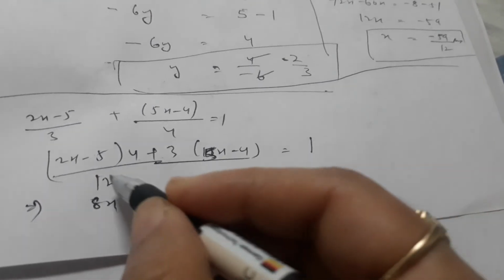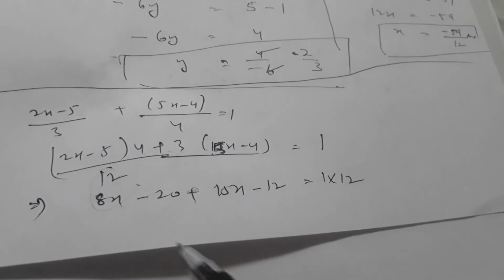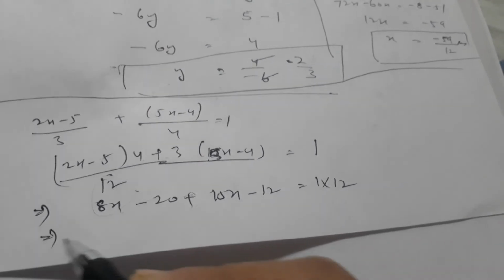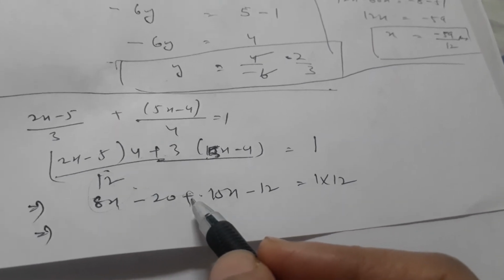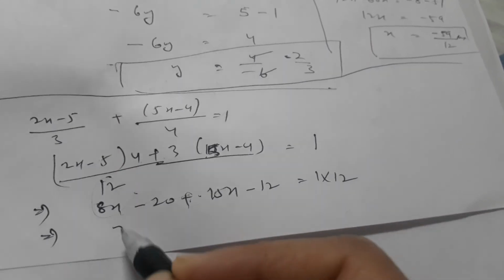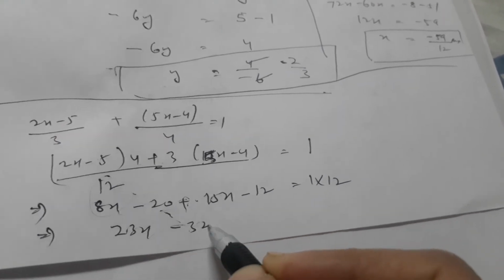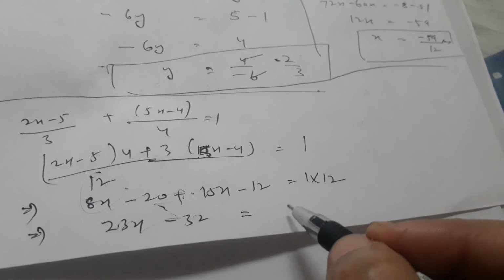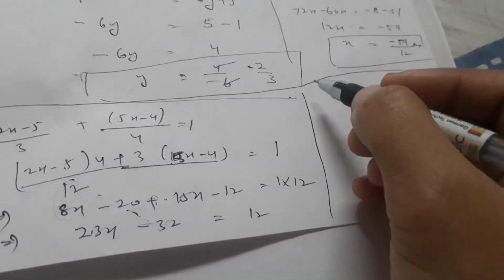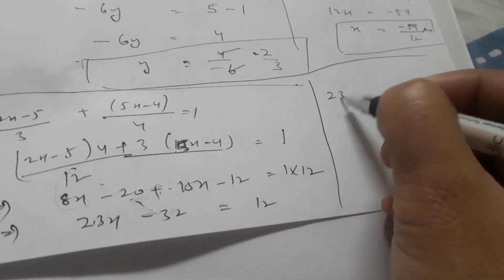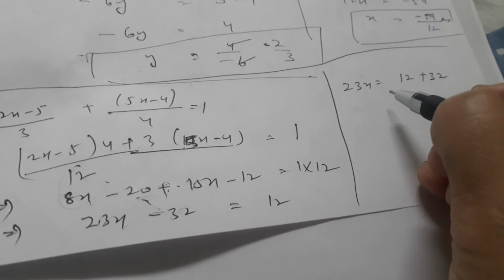So here this 12 will get transposed and it will come out in multiplication. So 8x plus 15x will become 23x, and minus 20 and minus 12 will become minus 32 equal to 12. So in our next step, 23x is equal to 12 plus 32.